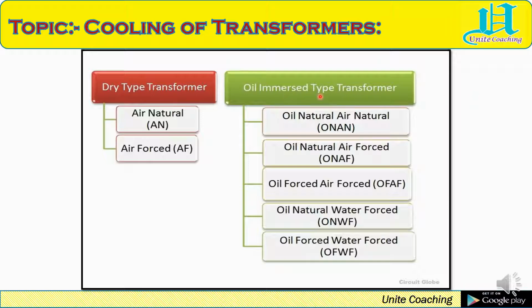These are also known as oil immersed type transformers. In this case, multiple media of cooling are used: oil natural air natural, oil natural air forced, oil forced air forced, oil natural water forced, and finally oil forced water forced. These are the kinds of cooling which are provided for large rating transformers.